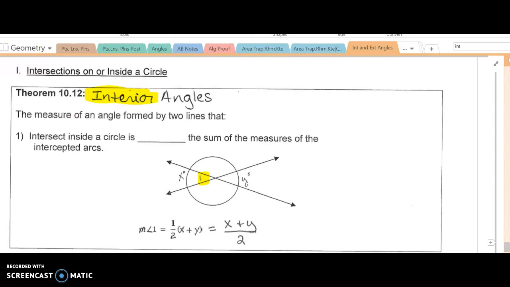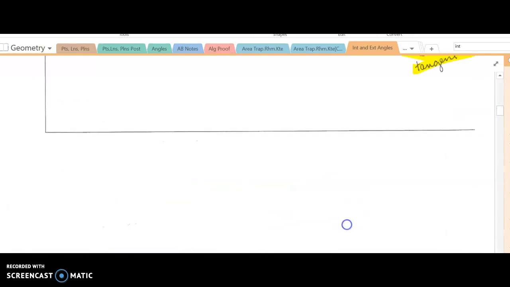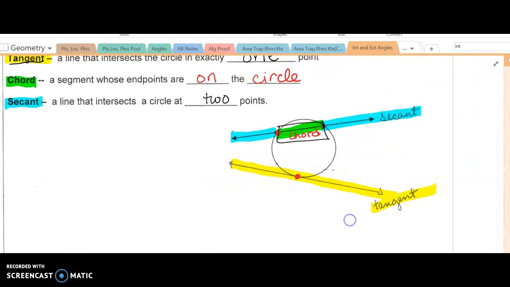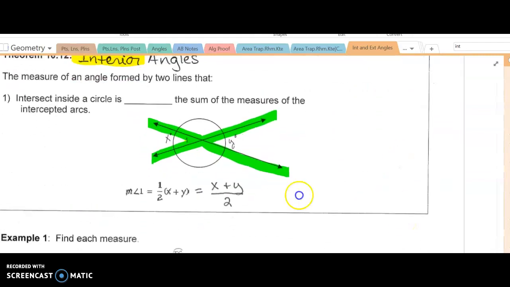This new strategy says the measure of an angle formed by two lines that intersect inside a circle. By the way, what kind of lines are these? The new vocab word is, what? Secants, because they go all the way through the circle.